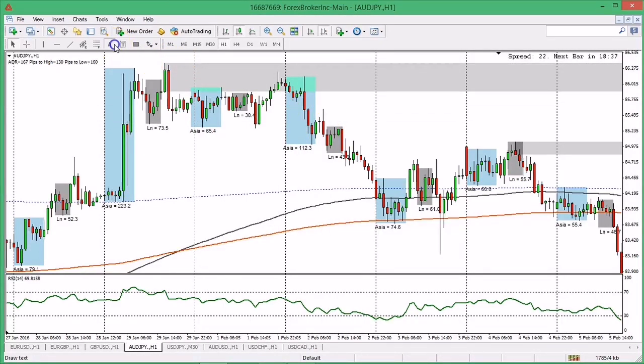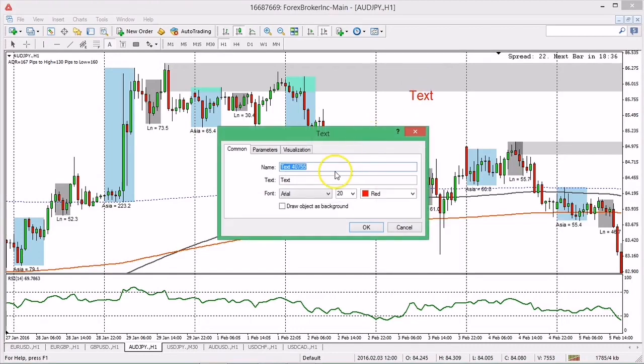Actually, I'll write it down so you guys can write it down. 3 to 5 GMT, 3 to 4 GMT, just giving it an extra bit of time for the reversal pattern to actually form. 10 through 12 GMT. 16 through 18 GMT, New York move.